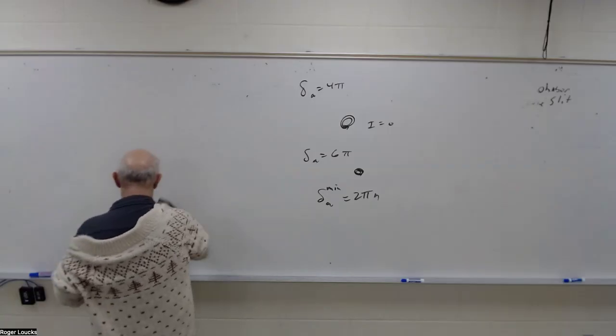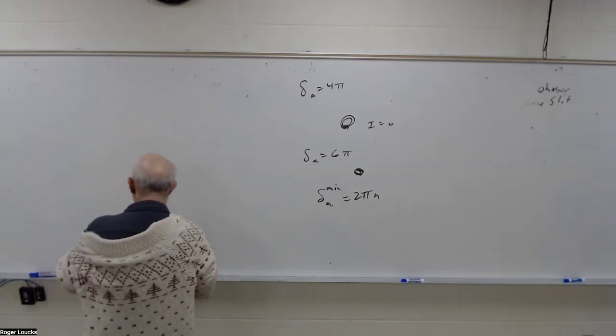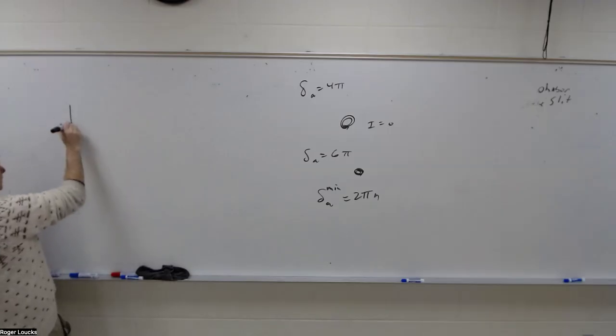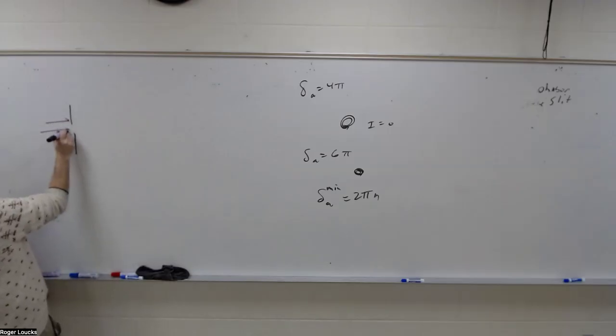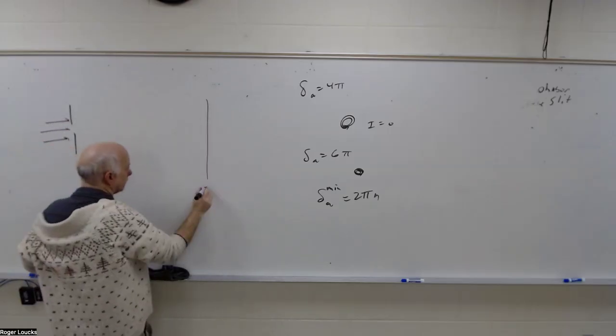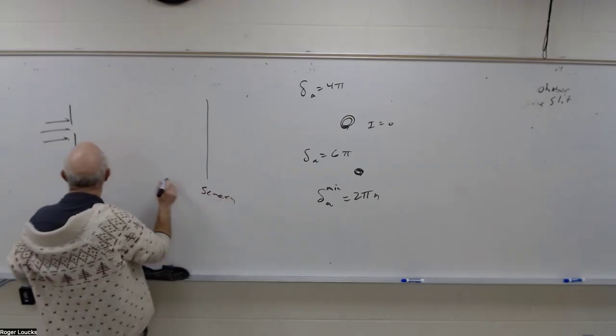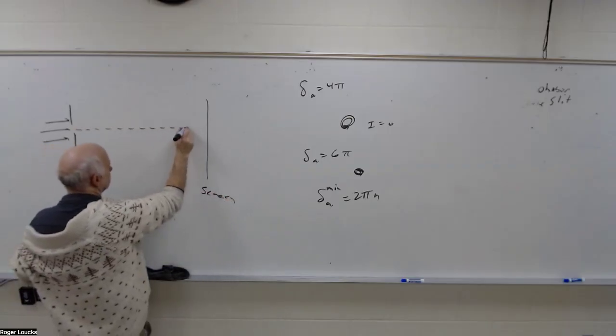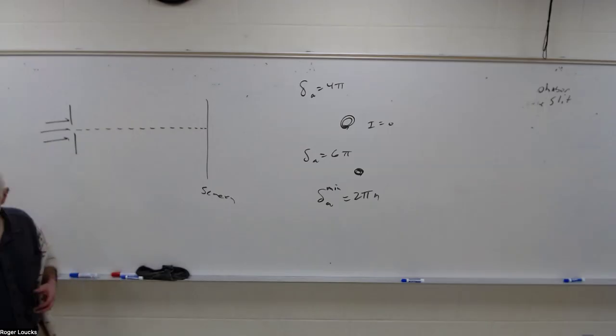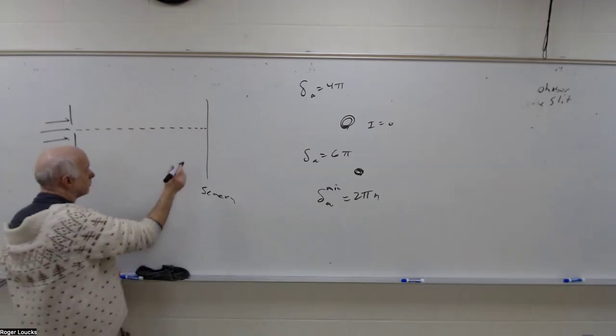So when you do these, we have a single slit here. We have laser light coming in here like this. Here's your screen. And this right here is my center. The question is, what do these patterns look like? These patterns are going to look like this.